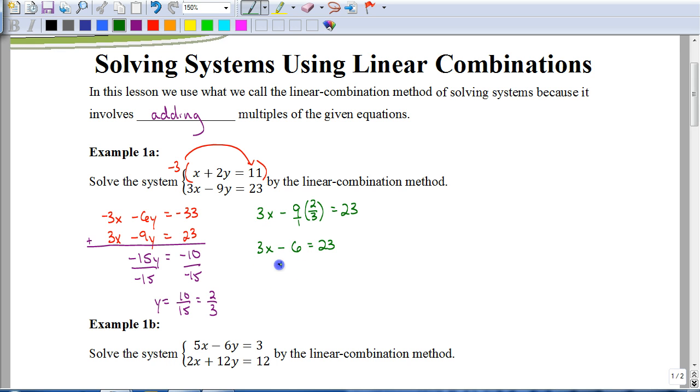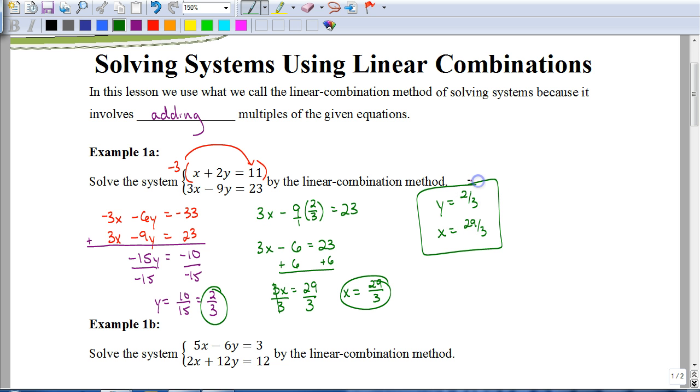So I'm going to add 6 to both sides. I get 3x equals 29. Now divide both sides by 3, and I get x equals 29/3. That can't be reduced. So I have y equals 2/3 and x equals 29/3 as my answer.